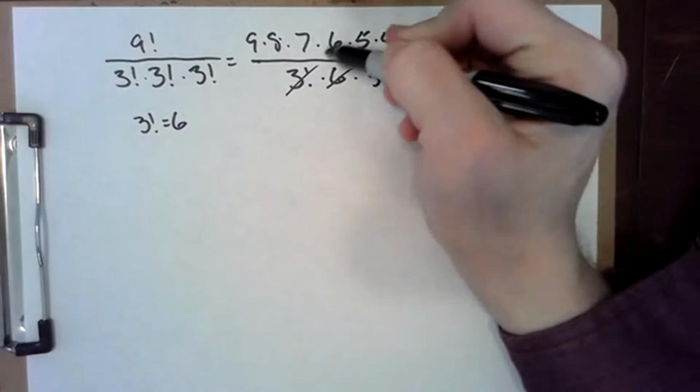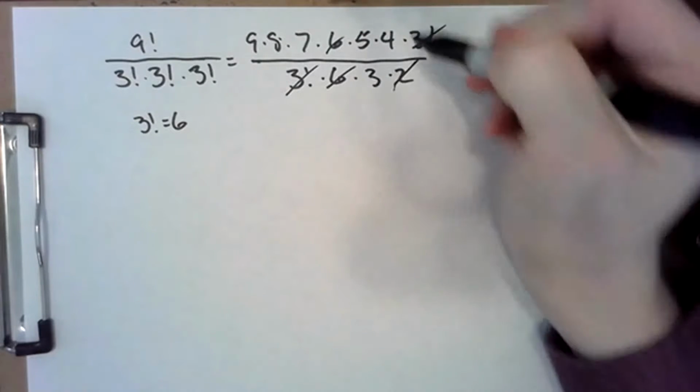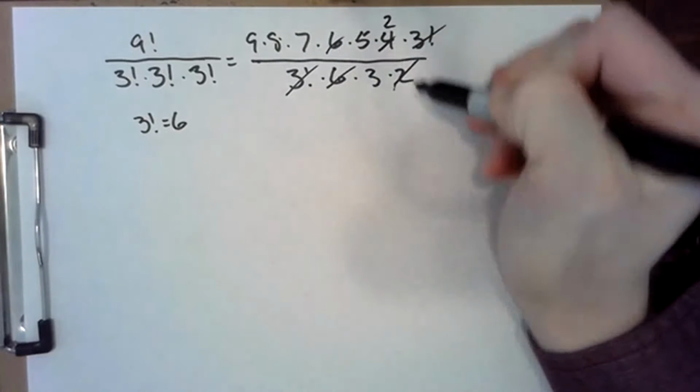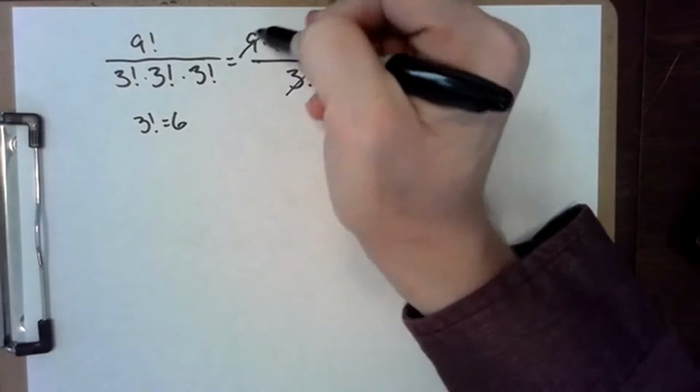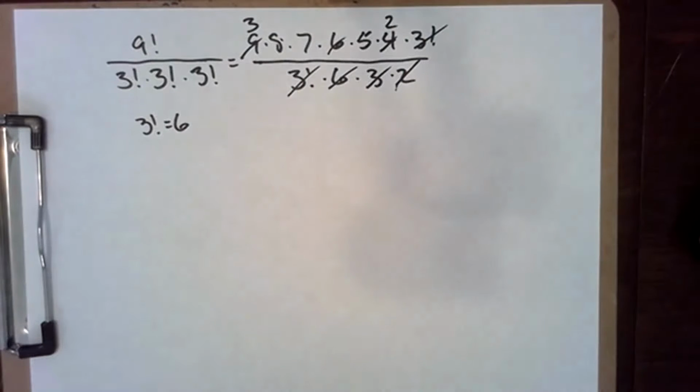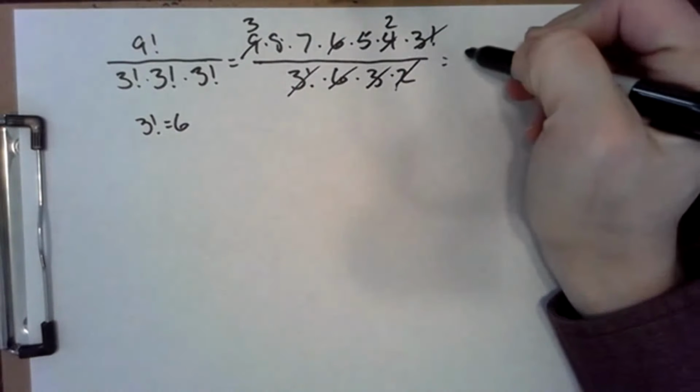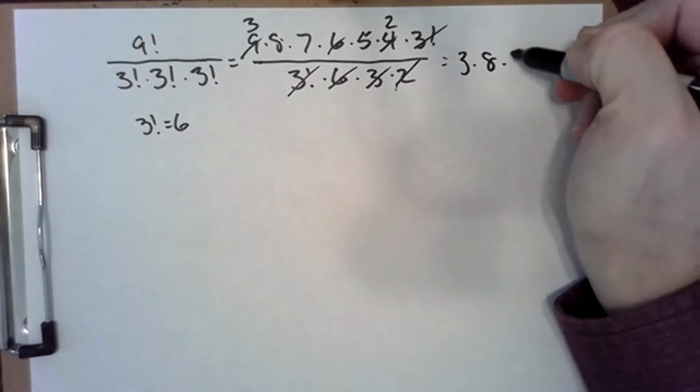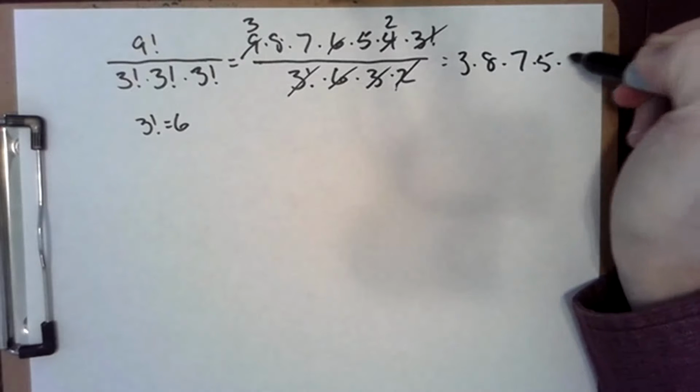We're just going to break it down that way because right away we can cancel that 3 factorial and that's 6, and then we can pull a 2 from this 4, which leaves us a 2 there, and pull a 3 from that 9, which leaves us a 3 there. That leaves us 3 times 8 times 7 times 5 times 2.